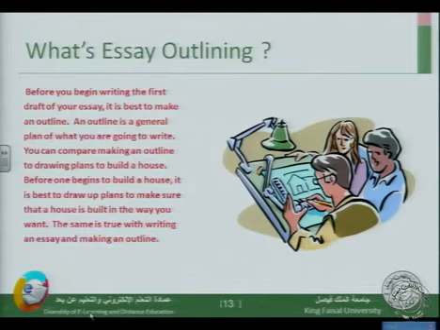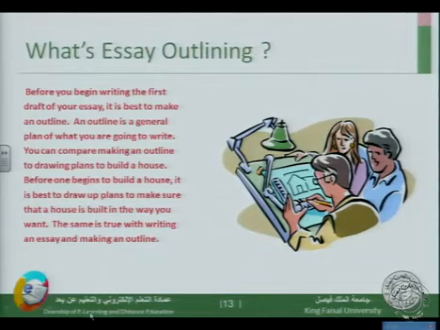During the semester, we have also talked about what essay outlining is. And we said an outline is a general plan of what you're going to write. It's just like when you build a house.